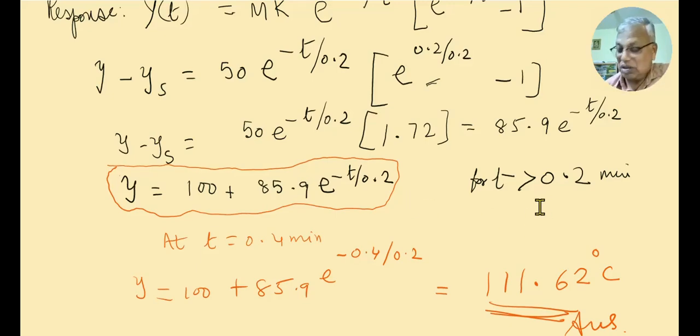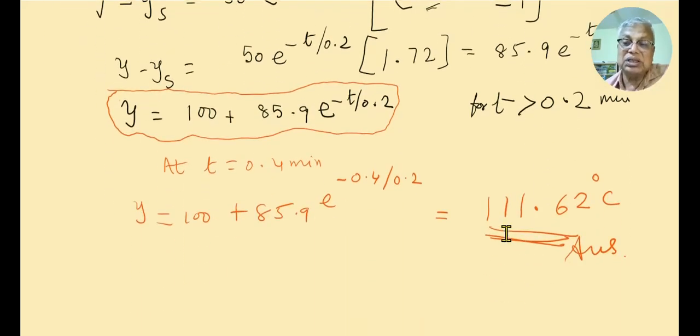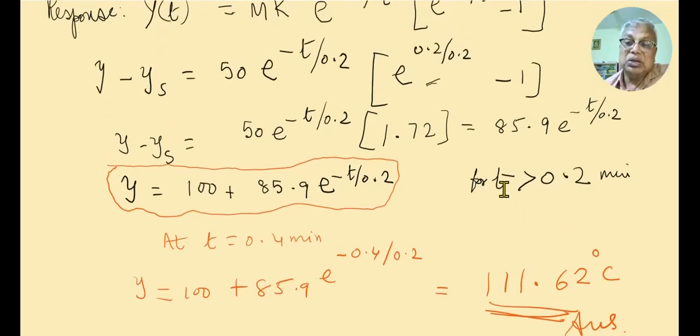Now how many values will you select after t greater than 0.2? Can we go on endlessly? You select t values such that there is not much significant change in successive y values.